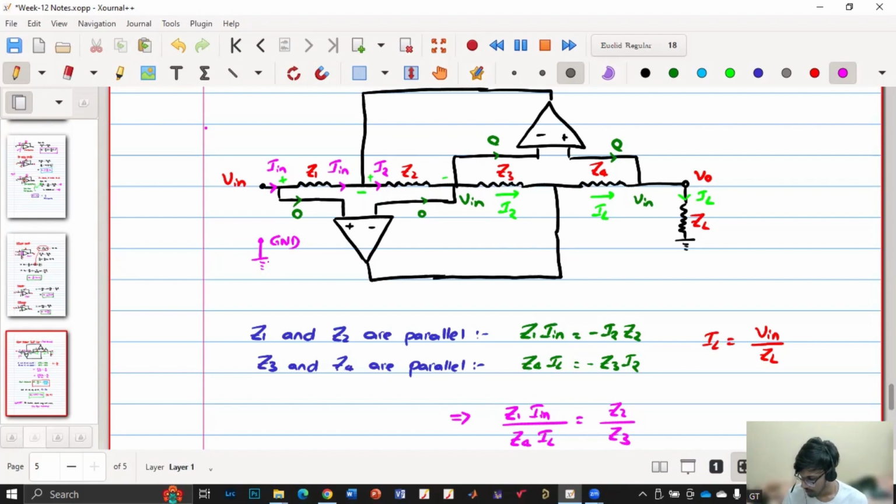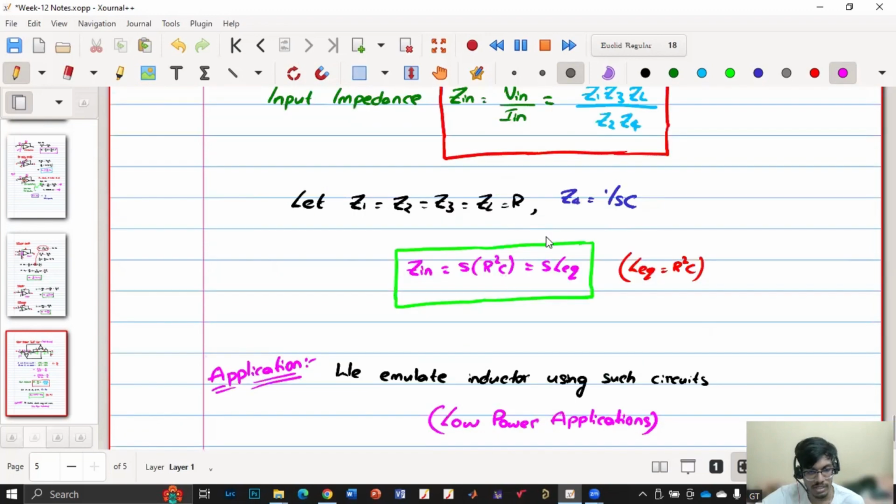So if I consider this entire thing in a box with common ground, between Vin and that ground we'll get an inductor of value R squared into C, for the condition when we consider all to be R and Z4 to be 1 by C.